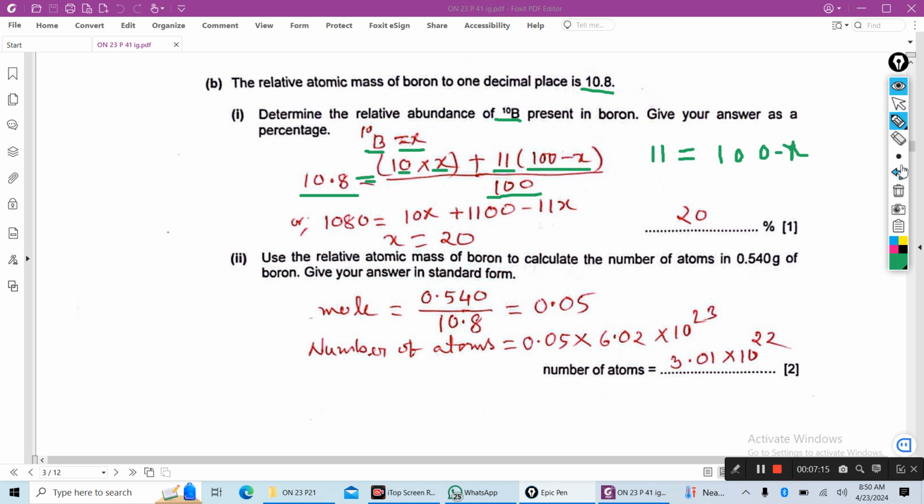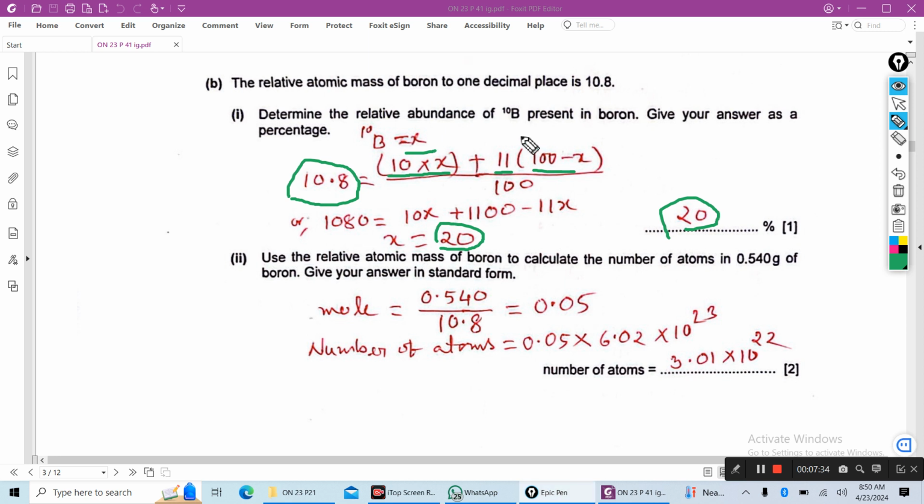This is the formula: Ar equals mass times percentage plus another mass times percentage, divided by 100. If you solve it, you will get X as 20%. As we let boron 10 be X, and the question asks for the relative abundance of boron 10, it will be 20%.